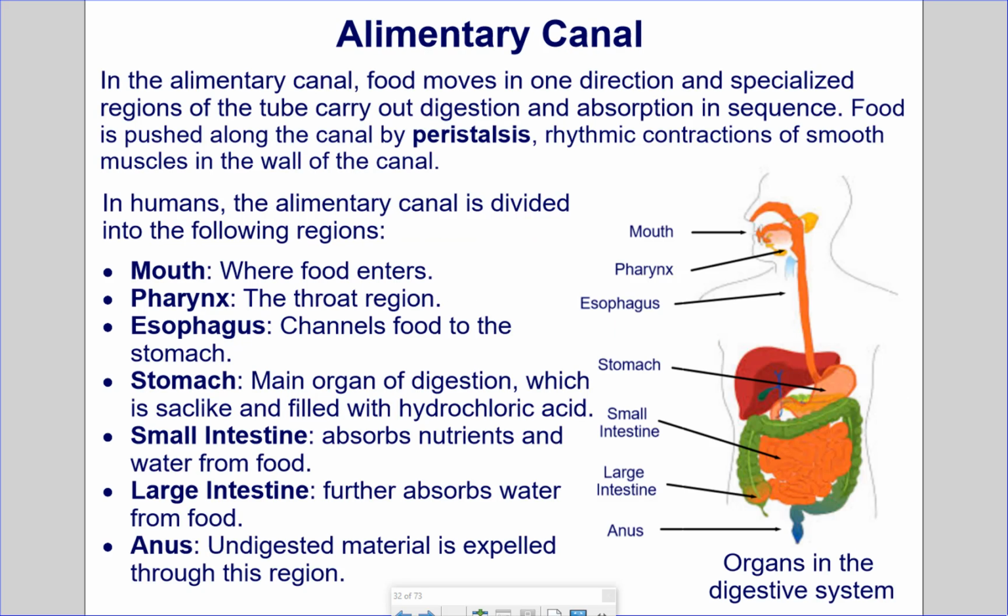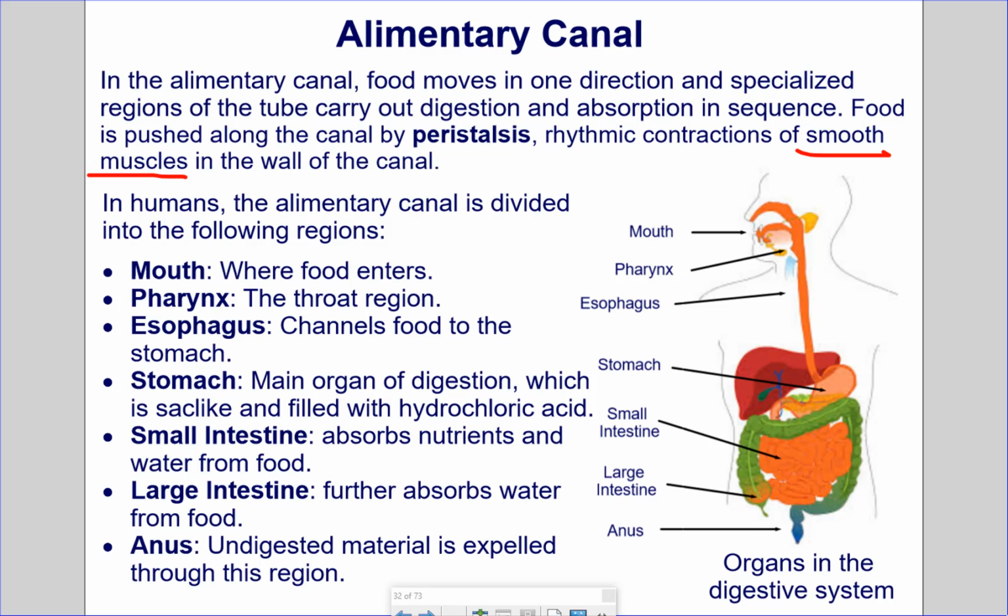Alimentary canal. In the alimentary canal, food moves in one direction, and specialized regions of the tube carry out digestion and absorption in sequence. Food is pushed along the canal by peristalsis, rhythmic contractions of smooth muscles in the wall of the canal. In humans, the alimentary canal is divided into the following regions: the mouth, where food enters; the pharynx, the throat region; the esophagus channels food to the stomach.